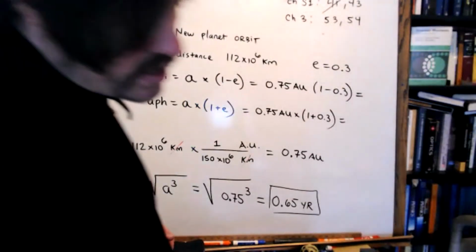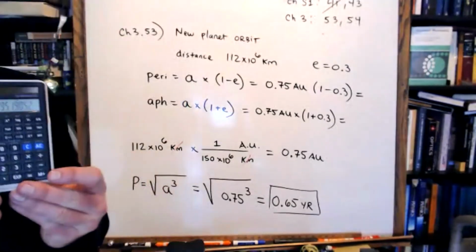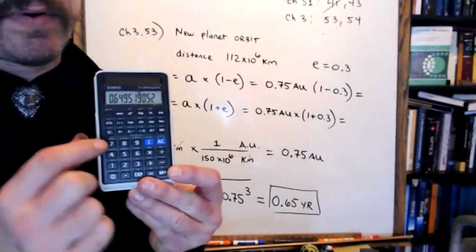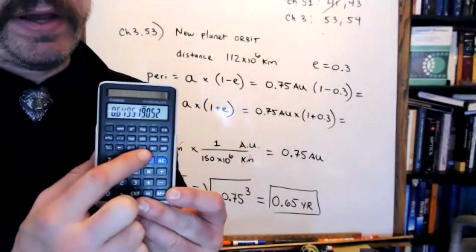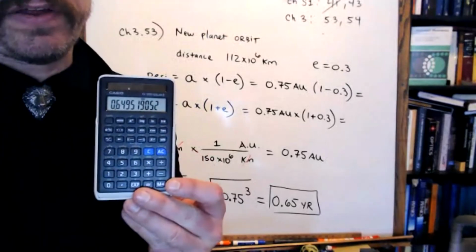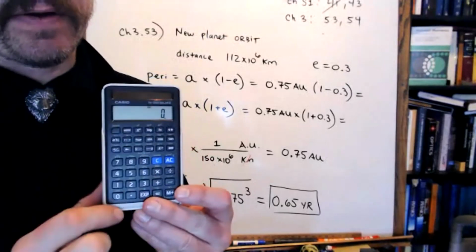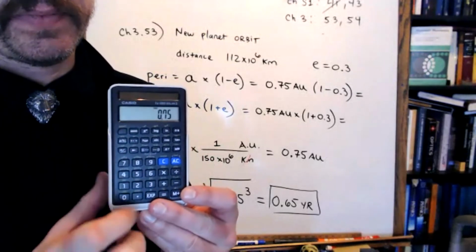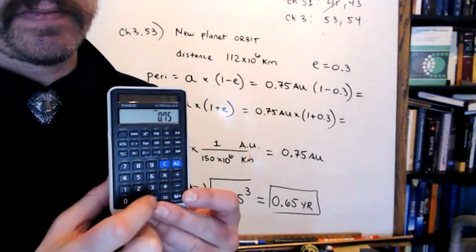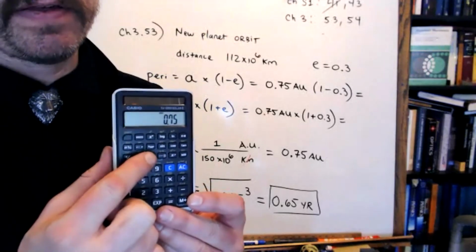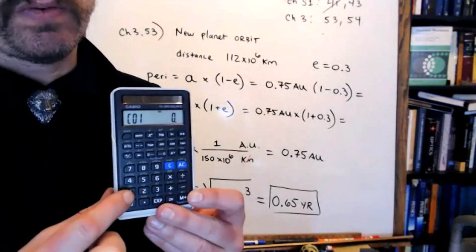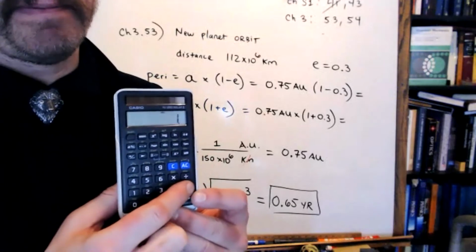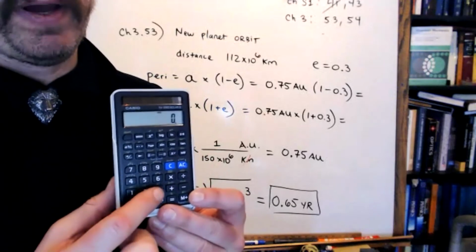I'm going to show you guys how to punch that. Class, we're going to be using our parenthesis keys here and here. So let's do the top first, okay? Clear that out. 0.75 times open parentheses 1 minus 0.3.